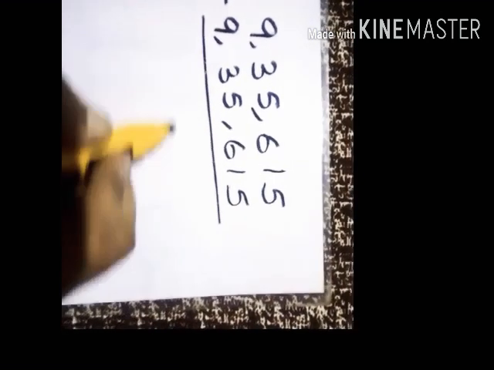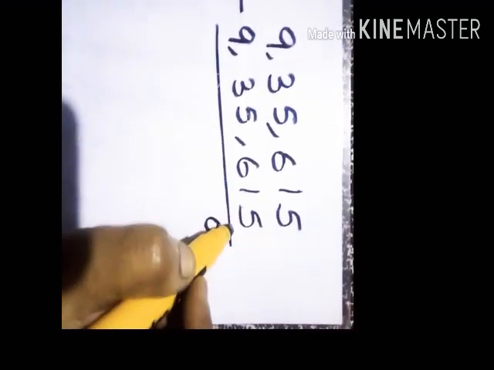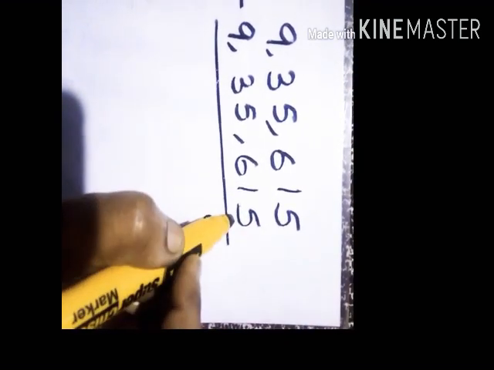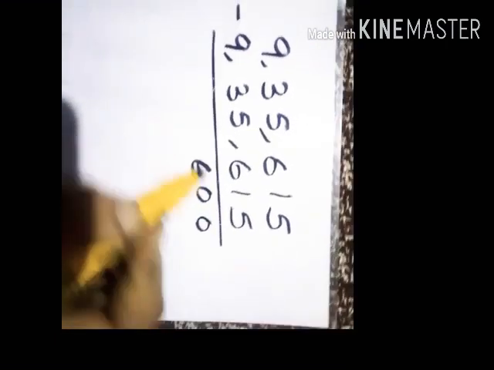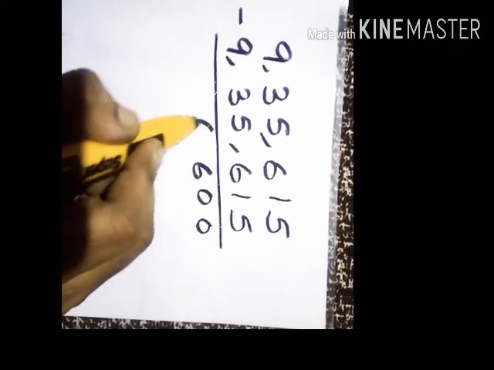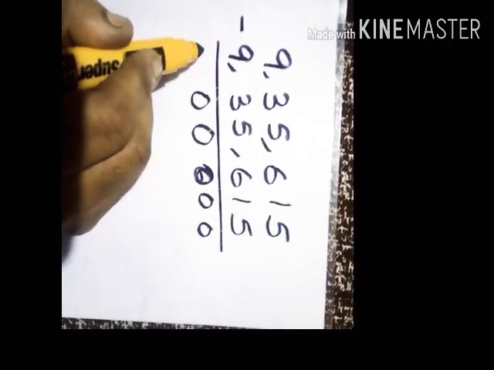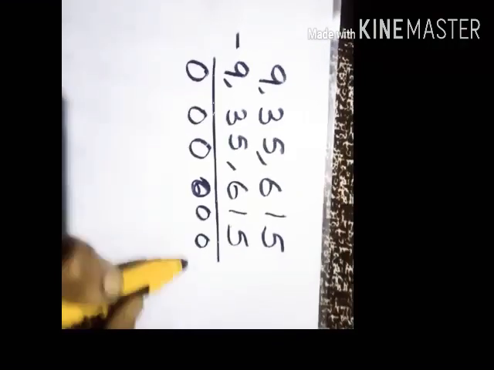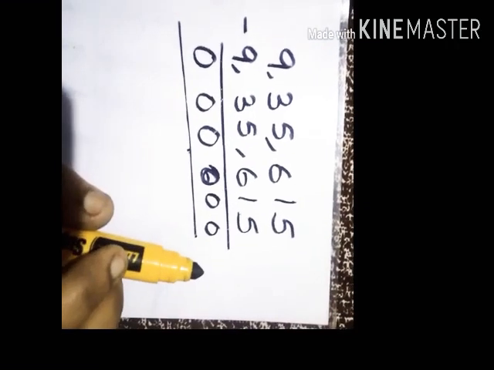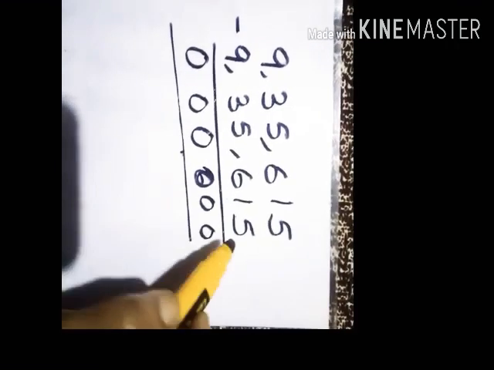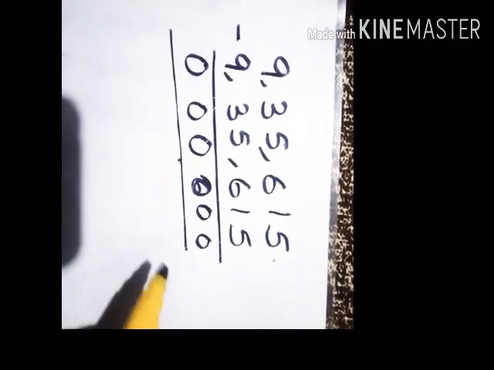When you subtract these two numbers, you get 0. You have to subtract 5 from 5, 0; 1 from 1, 0; 6 from 6, 0; 5 from 5, 0; 3 from 3, 0; 9 from 9, 0. So the answer is 0 itself. So when a number is subtracted from itself, the difference is always 0.